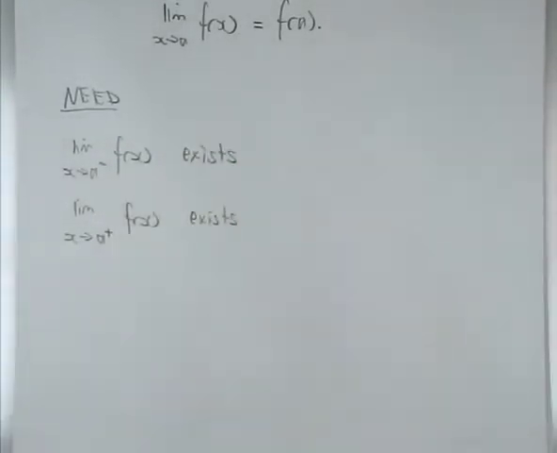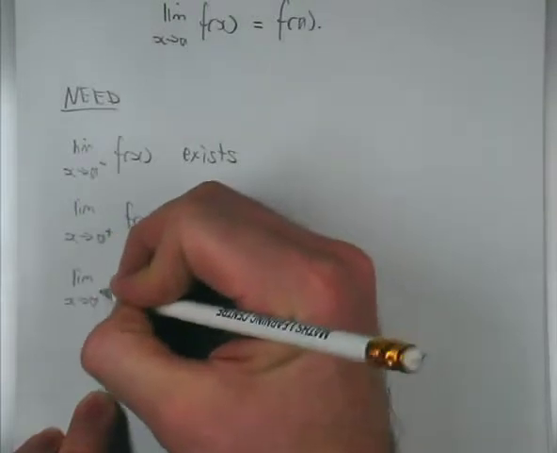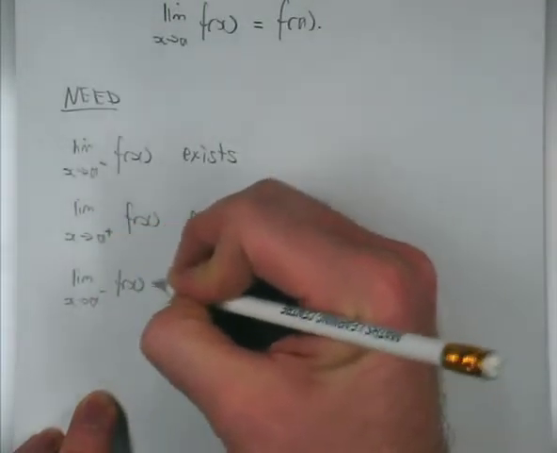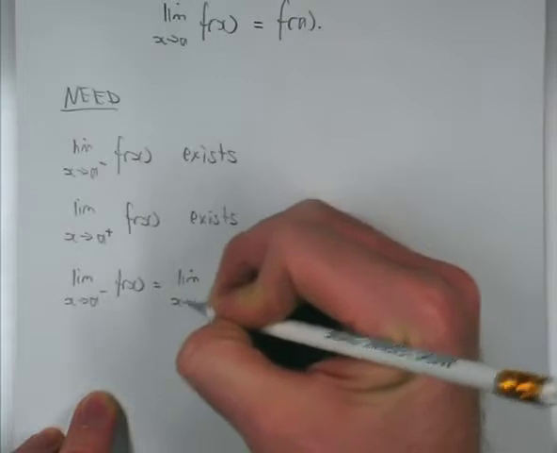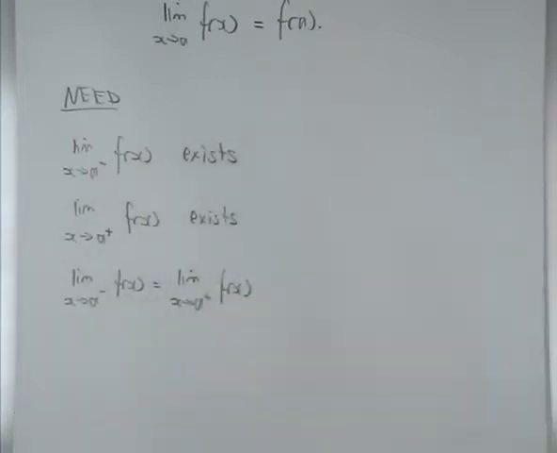We need both of them to exist, and we need those 2 limits to be equal. That's technically 3 conditions. And in most places where you are worried about it not being continuous, you will need to check all 3.